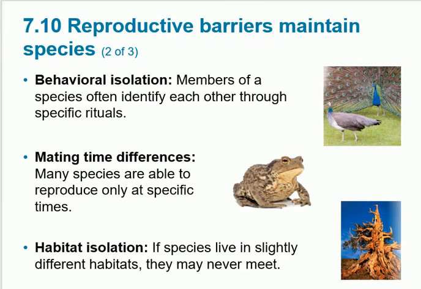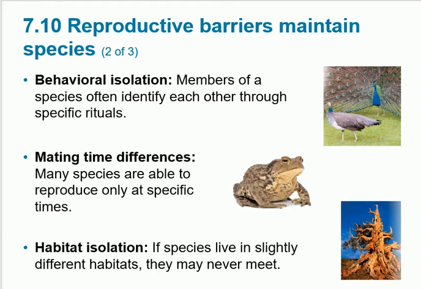The other thing is, you're asking yourself now, why they do not interbreed? And we call it reproductive barrier. Different types of reproductive barrier. Behavior is number one. Number two, mating time. Like maybe frogs, they can only interbreed during the spring, for example, and other species only interbreed during the fall.